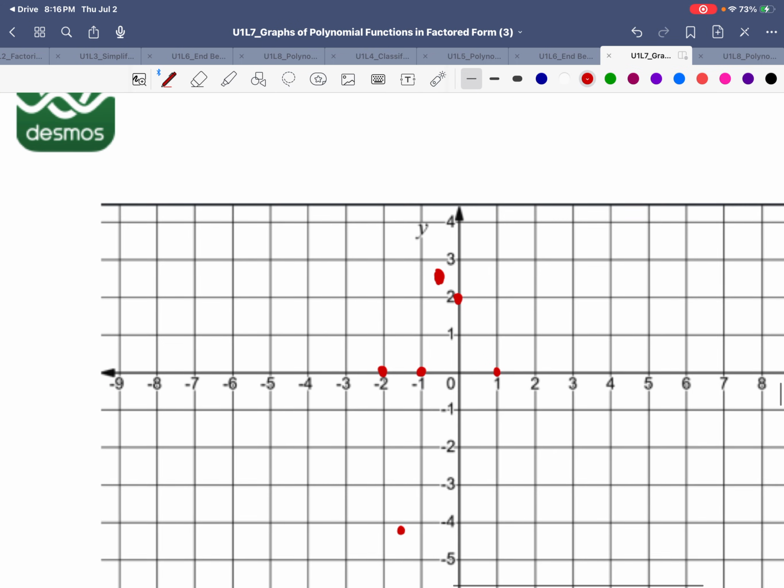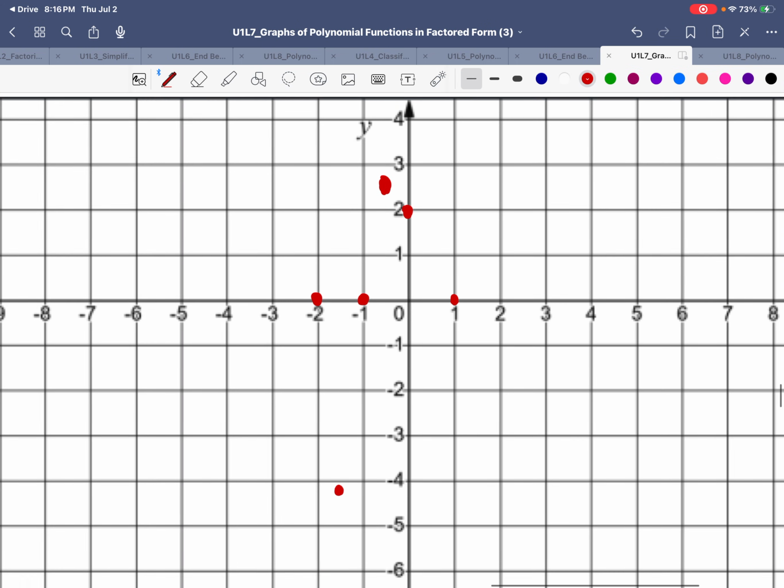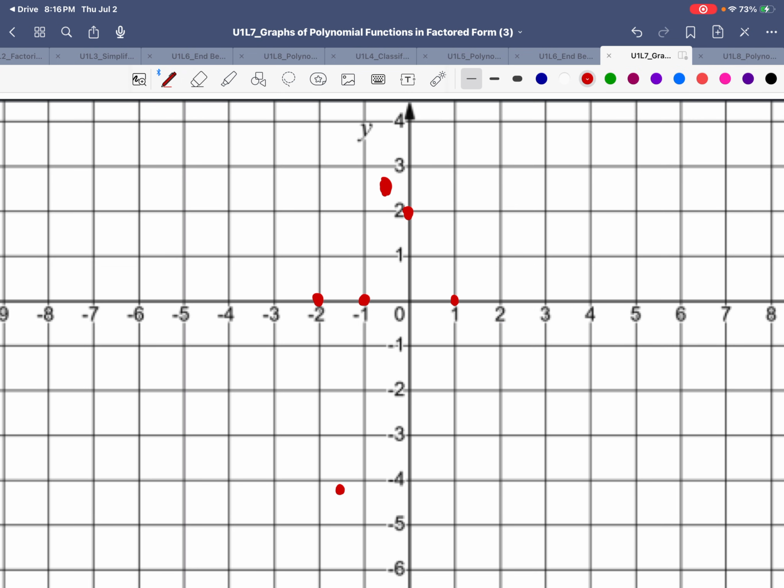And there goes our graph. So now we're going to try to draw a nice smooth graph here. So here we go. We're going to come from the second quadrant, hit the x-intercept. At the minimum, we're going to make a turn to go back up to the x-intercept of negative 1.